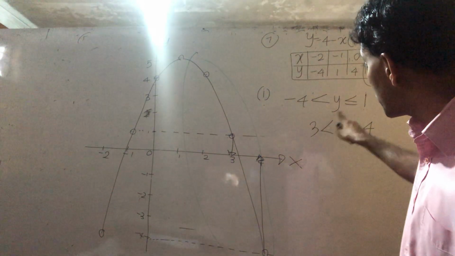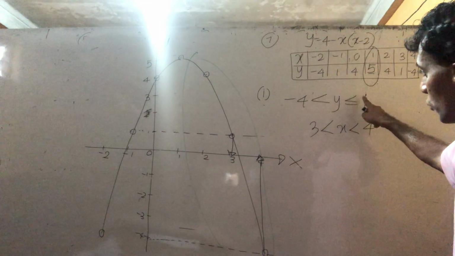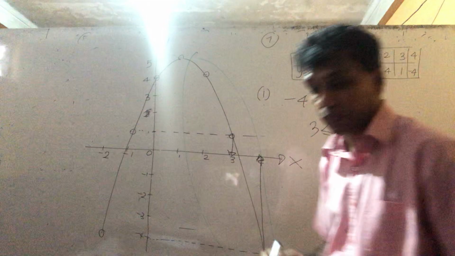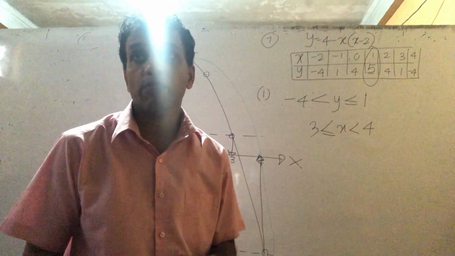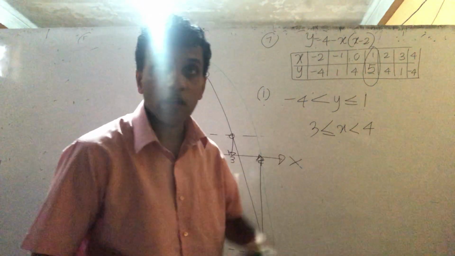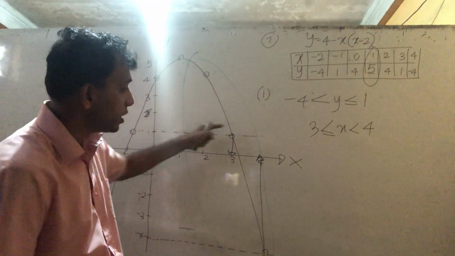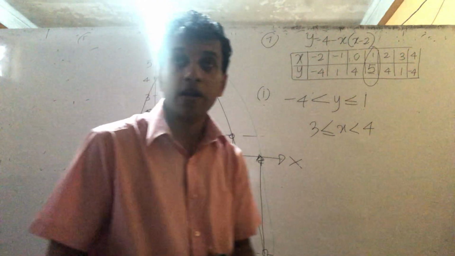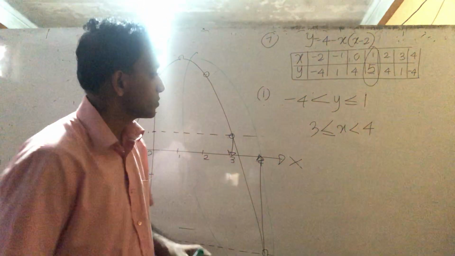But they put an equal symbol at 1, therefore y is 1 means x is 3, and for that you write the equal. That is also important, even a small dash or line earns marks, so don't miss it. Don't put both equal symbols, only at y is 1, where x is 3. Learn this part carefully and take the idea of the range, then you can answer any type of range question.